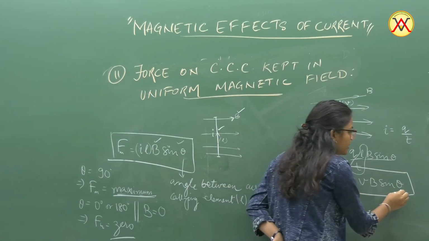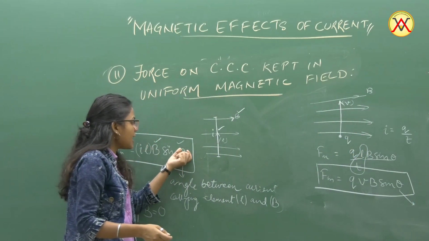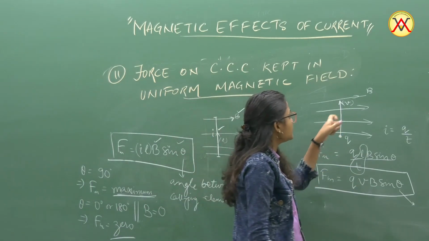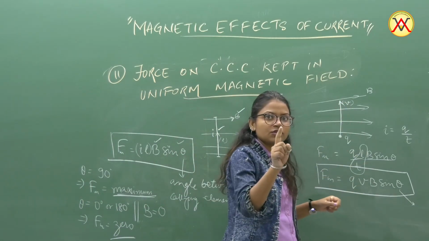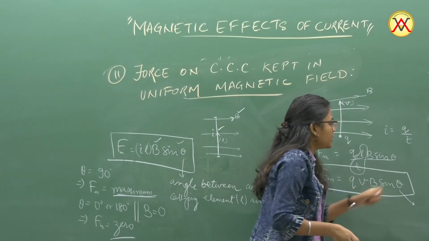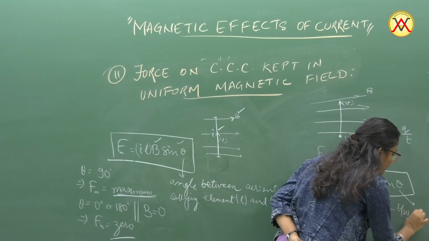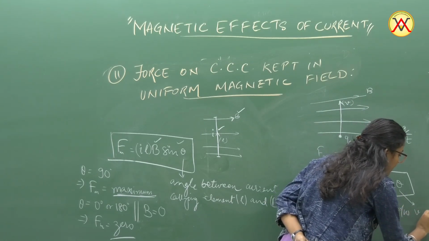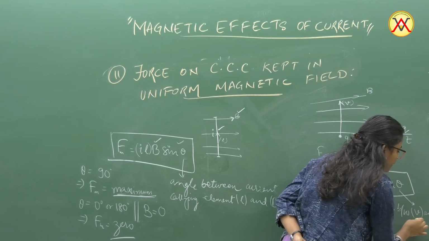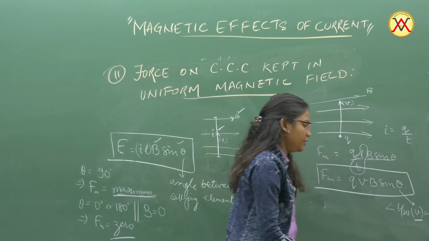Okay. Here this theta angle, just like over here, was the angle between the current carrying element and B. In this case, there is no current carrying element, there is only one charge projected inside our magnetic field. So this theta angle will be the angle between V and B, the velocity or direction of motion of our charge and the magnetic field.